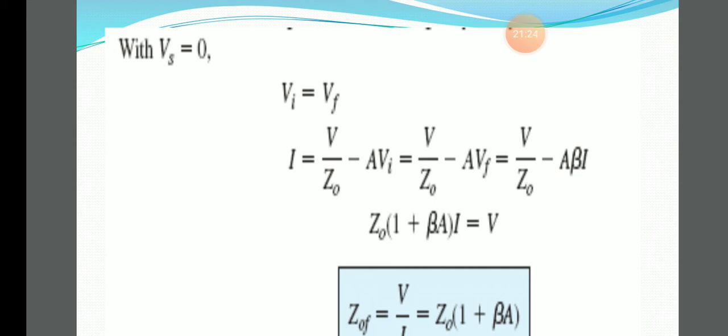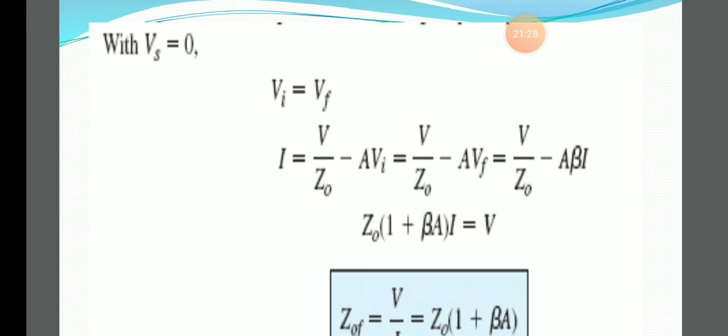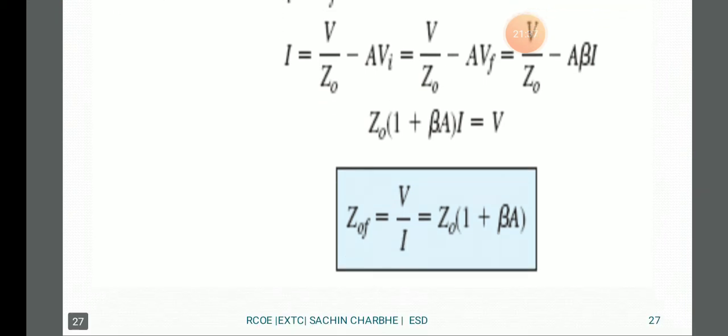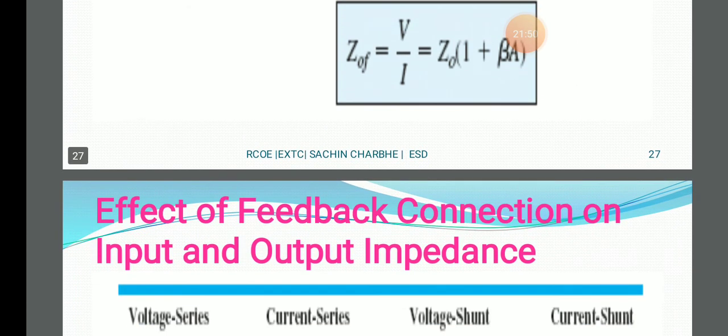So Vi equals V by Z0 minus A into beta A. So beta A means that is the Vf. So we will get Z0 into 1 plus beta A into I equals V. So Zof, the output impedance with feedback, can be calculated as simply voltage by the current, which equals Z0 multiplied by 1 plus beta A. So this is also important.